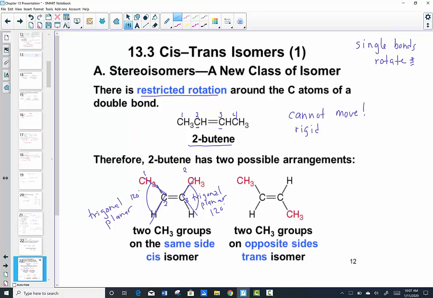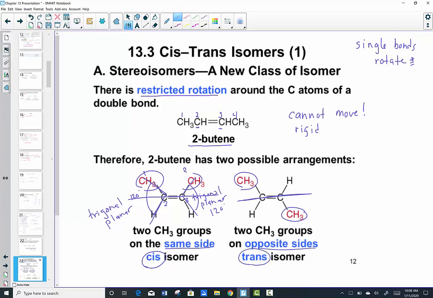If we place both methyl groups on top of the plane of the double bond, they're on the same side of the double bond. We call that the cis, meaning same side. If the two methyl groups at carbon 1 and at carbon 4 are on opposite sides of the plane of the double bond, opposite sides represents the trans isomer.